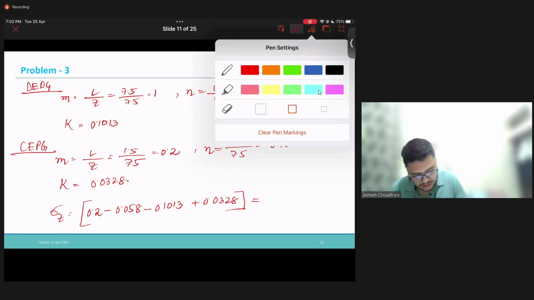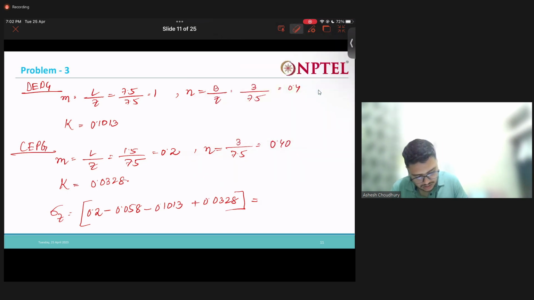Into 200 will be equal to... how much is it coming?